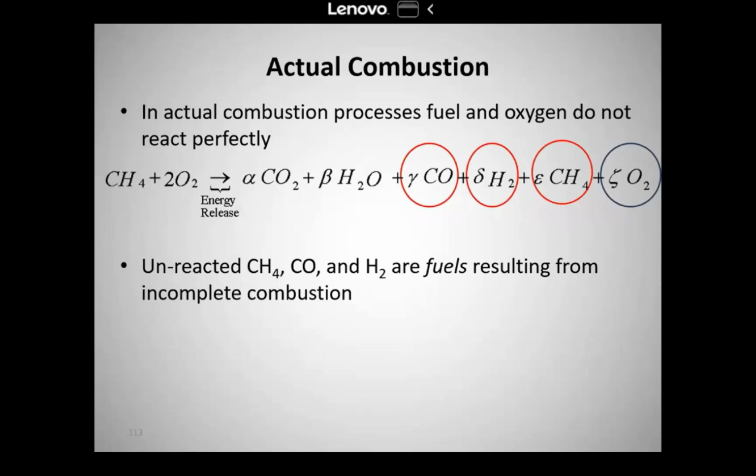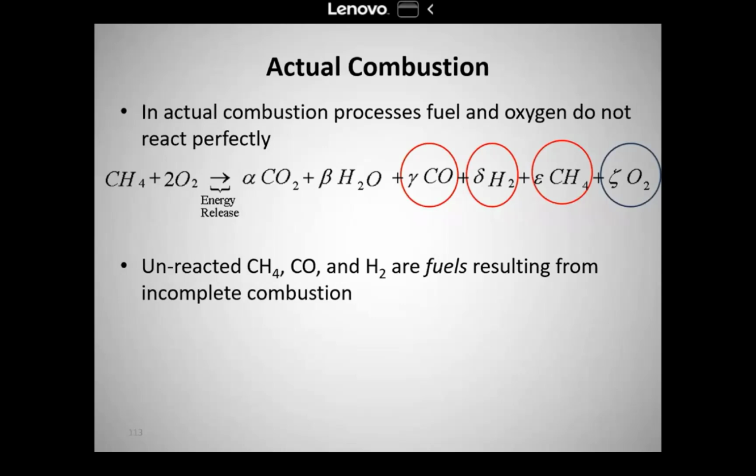Actual combustion, not quite so nice, okay? So we still have our methane, we still have our two O2s, but we get some CO2 and we get some H2O. Now, what's this CO doing over here? That's not good. I don't want him. What, an H2? You mean some of my fuel didn't burn? What, a methane molecule? He couldn't find any oxygen.